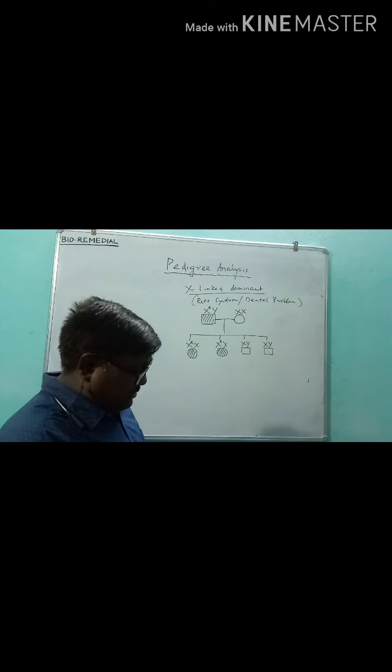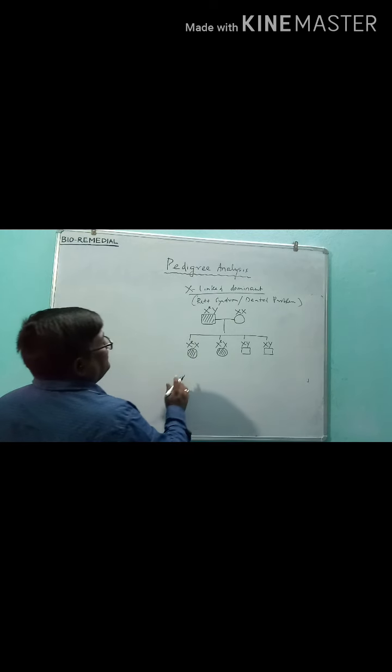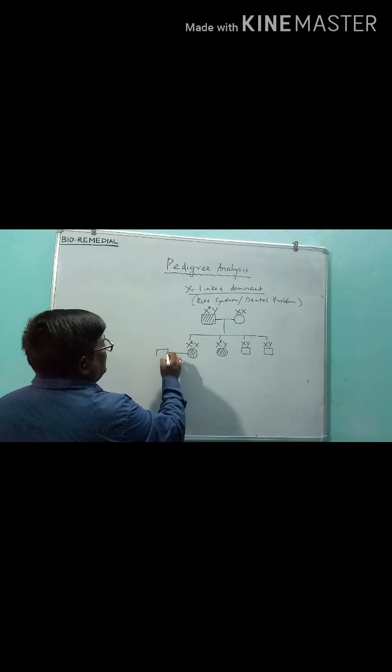Now one more example, one more generation, we will understand. Suppose a defective female got married to a normal male.